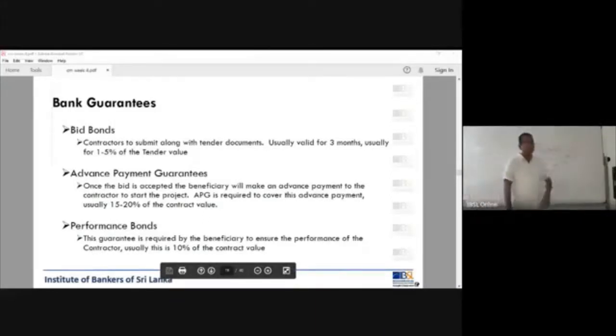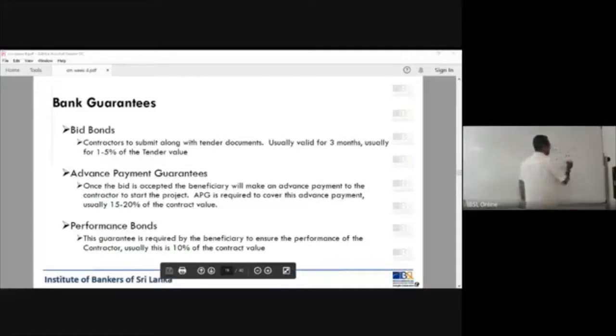Once the tender is selected, once the contractor is selected, to start the work, UDA needs to pay an advance. So there has to be a bank who agrees to give a guarantee saying the customer will do work at least for this advance amount.